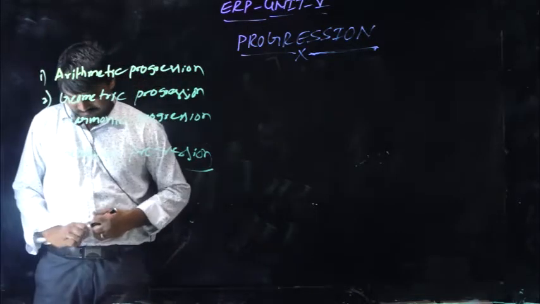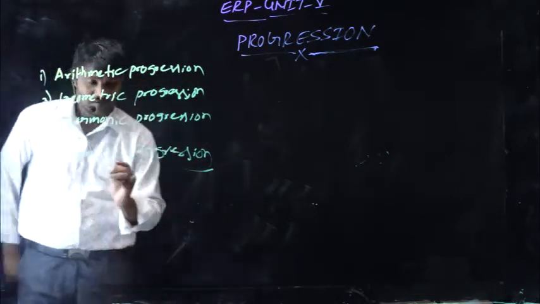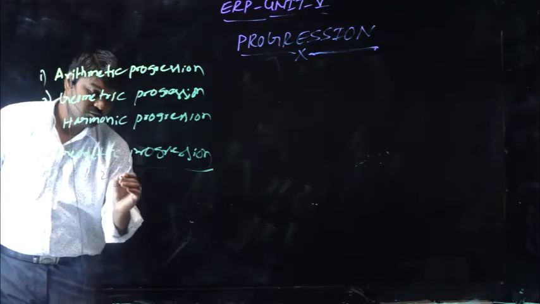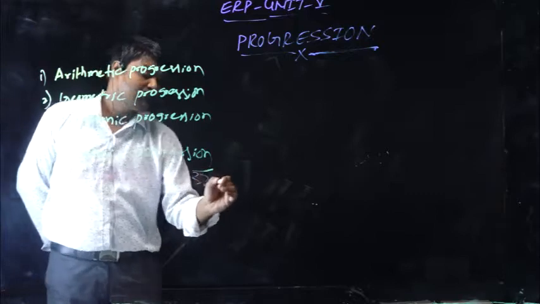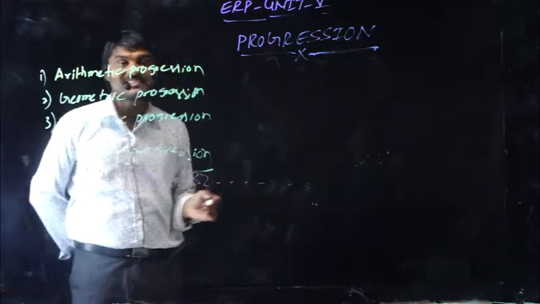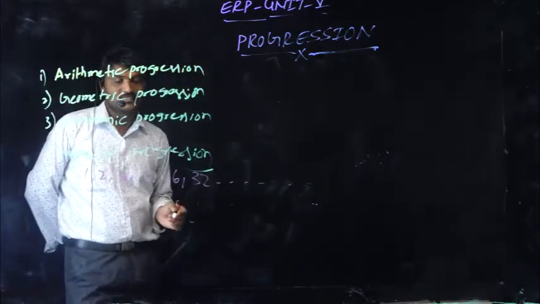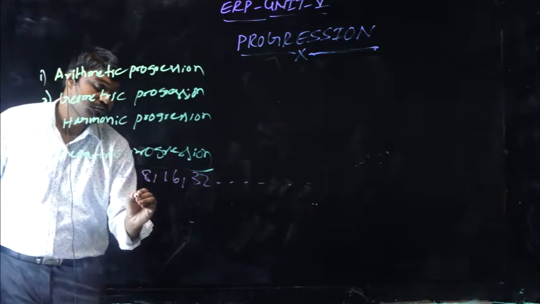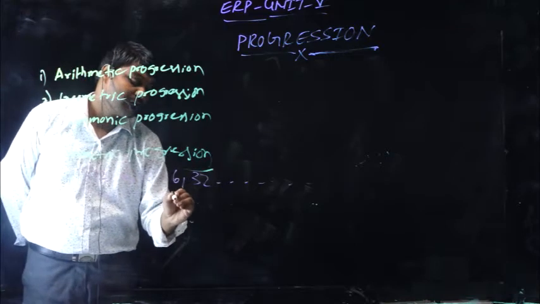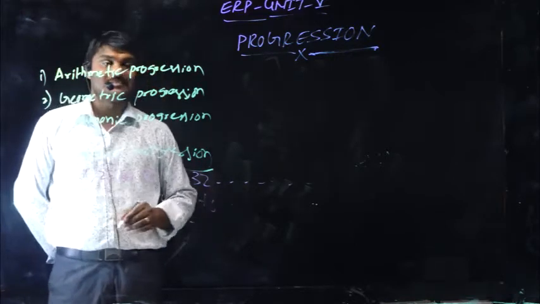so 1, 2, 4, 8, 16, 32 and so on. This is in geometric progression. So suppose here T1, T2, T3, T4, T5, T6.